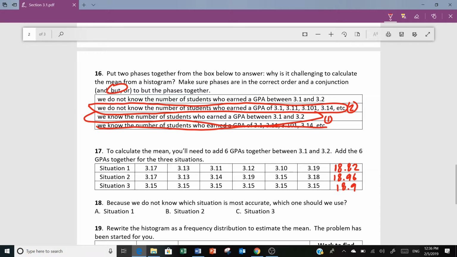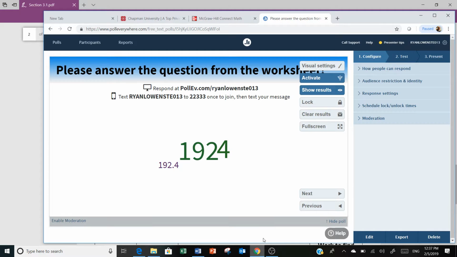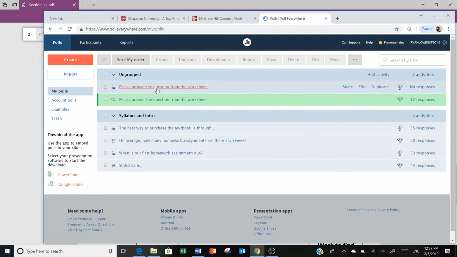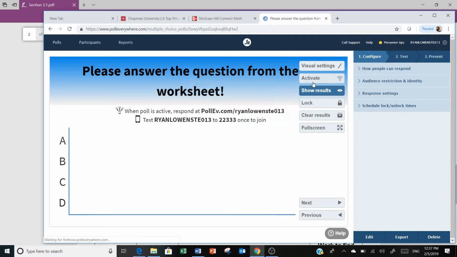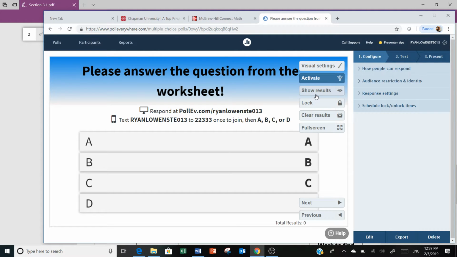So, which one of these should we use? A, B, or C? This one's going to be a Poll Everywhere question. Which logically makes the most sense? You actually want the multiple choice one. Okay, A, B, or C?